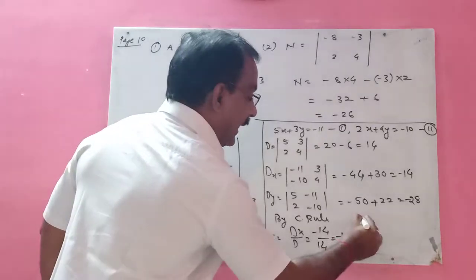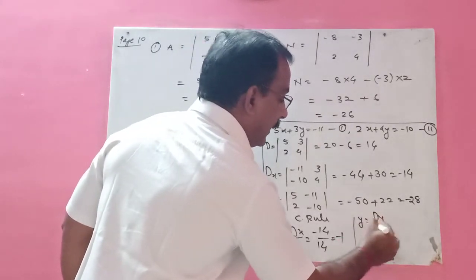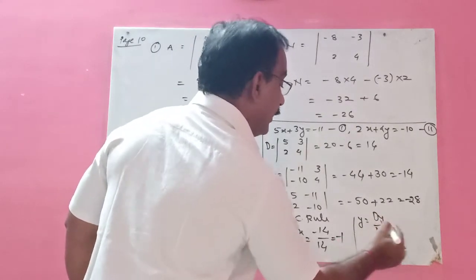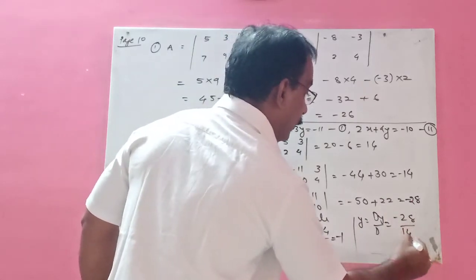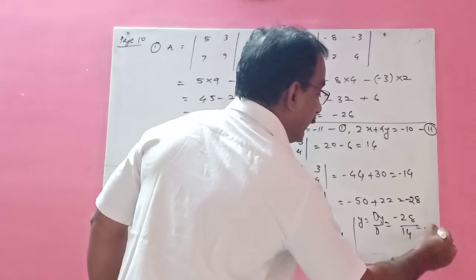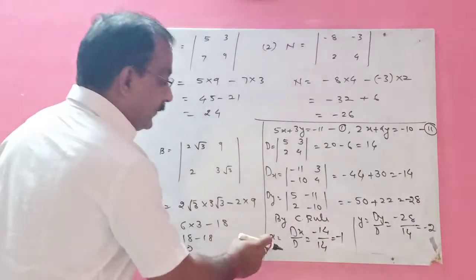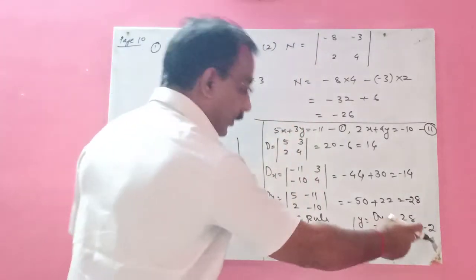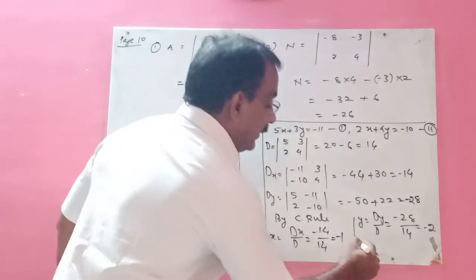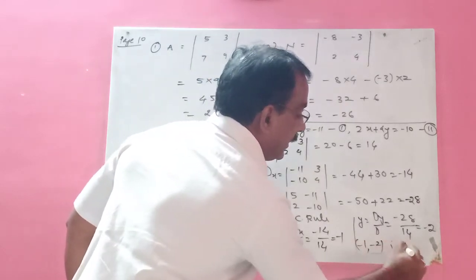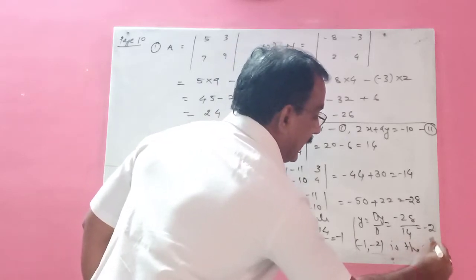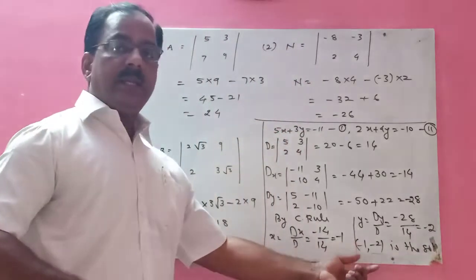Like that, y is equal to dy upon d. So dy we have here minus 28 upon 14, which is equal to minus 2. So x we got minus 1 and y we got minus 2. What will be the answer here? Minus 1 comma minus 2 is the solution. Again I am telling you, do not forget to write the answers.